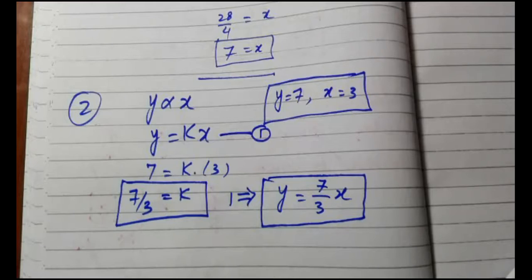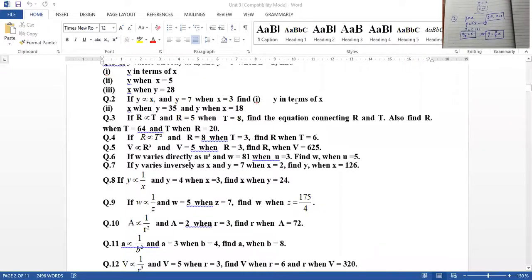This is the question. The first task was to find y in terms of x. We have calculated y in terms of x. Now we are asked to find x when y is equal to 35, and again we are asked to find y when x is equal to 18.